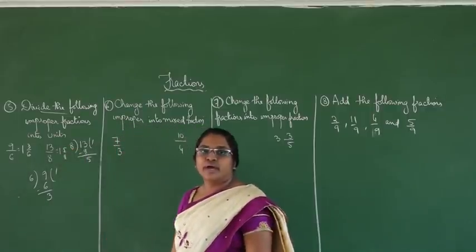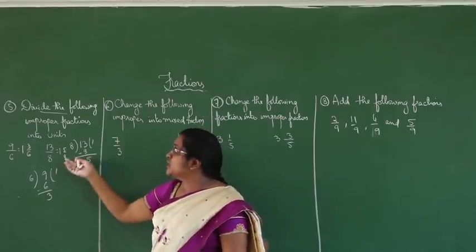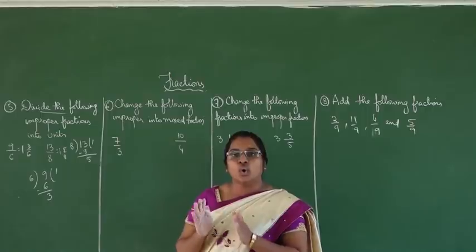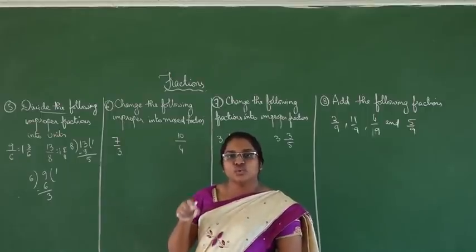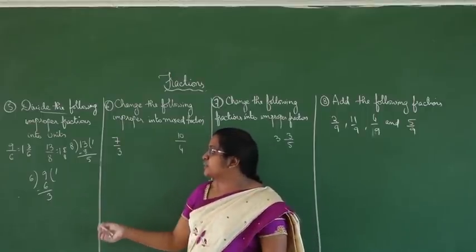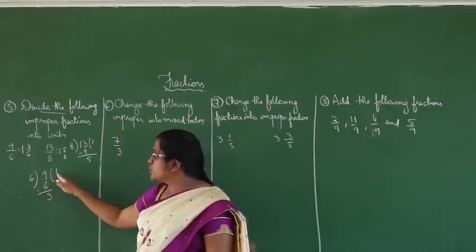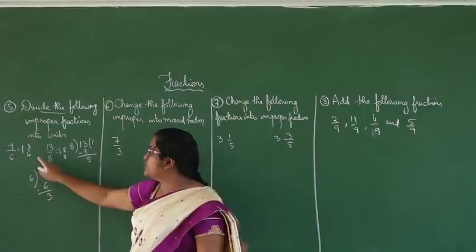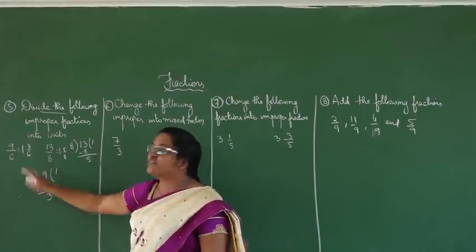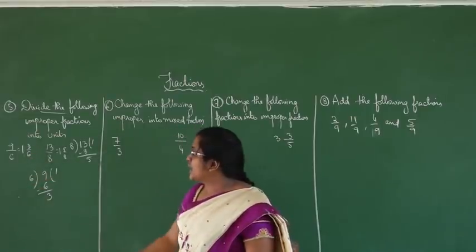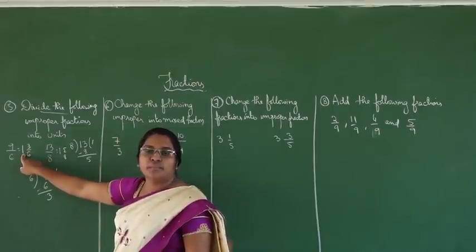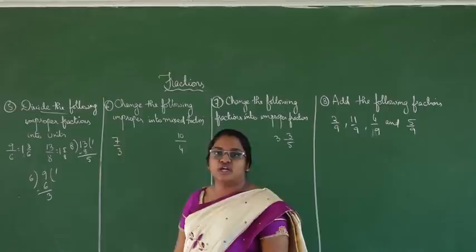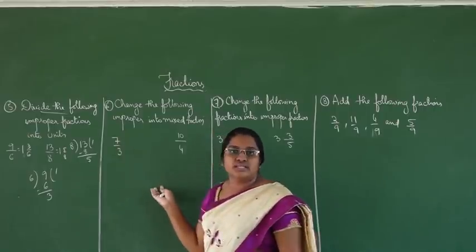Here the improper fraction is converted into unit or whole part as well as a fractional part by division. So the quotient will be the whole number part, the remainder will be the numerator and the divisor will be the denominator. And here 1 is the whole number part and 3 by 6 is the fractional part.